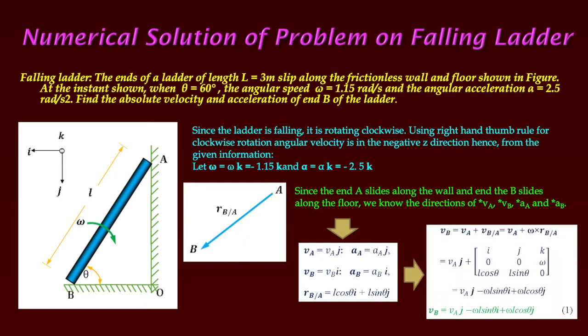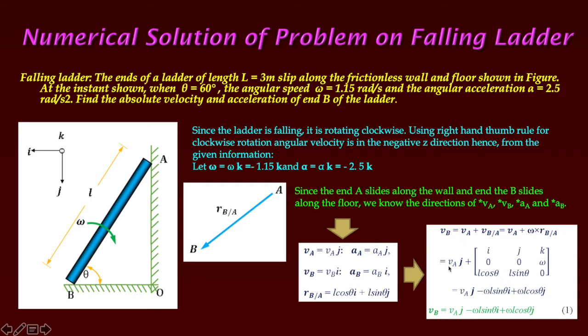Now to find the absolute velocity of point B, we know VB equals VA plus VBA. In lecture 1 we derived this equation and explained, where VA is the absolute velocity of A and VBA is the velocity of B with respect to A, which equals omega cross RBA.